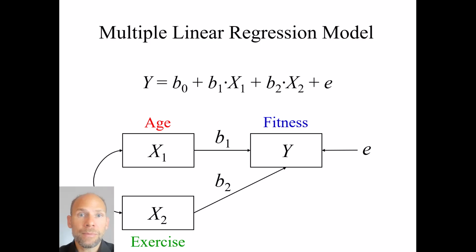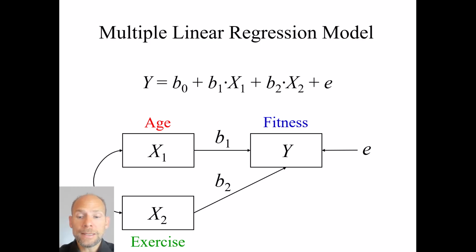In this example, they likely are correlated such that with increasing age, people tend to exercise less, unfortunately, even though it may be good for them. And so here we have our two predictor variables with a negative expected relationship between age and fitness, and a positive relationship expected between exercise and fitness, such that as people exercise more, they tend to be more fit.